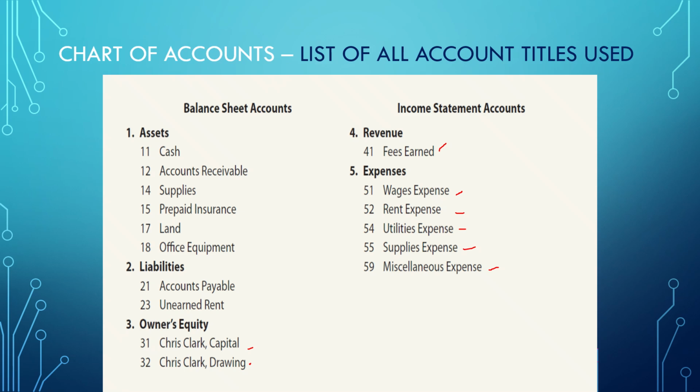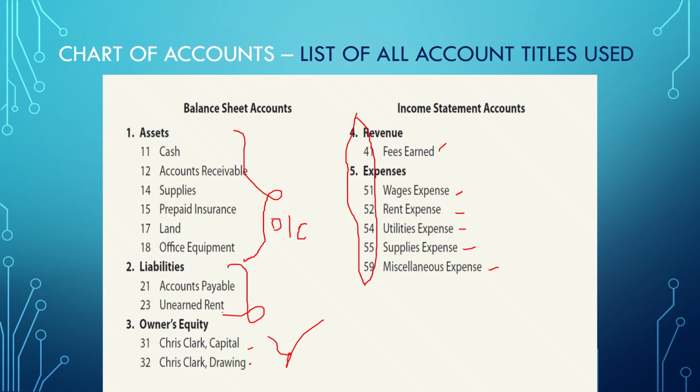Okay, so generally during the year, these accounts, assets and liabilities, have an increase or decrease during the year. So normally you will either debit or credit these accounts. But for equity, revenues, and expenses, normally during the year, these accounts will only have increases.